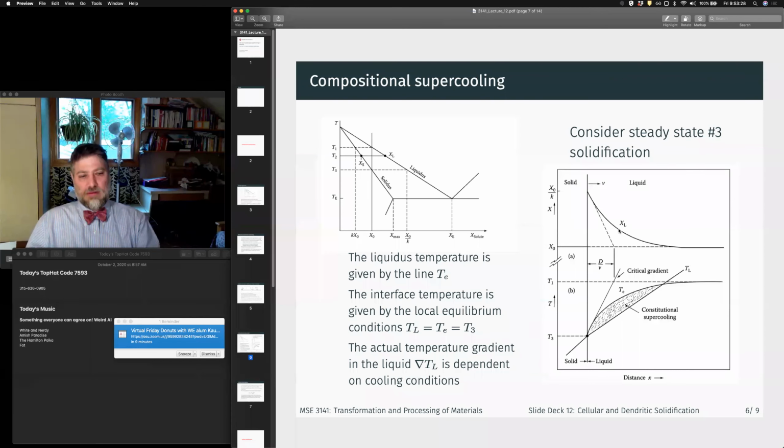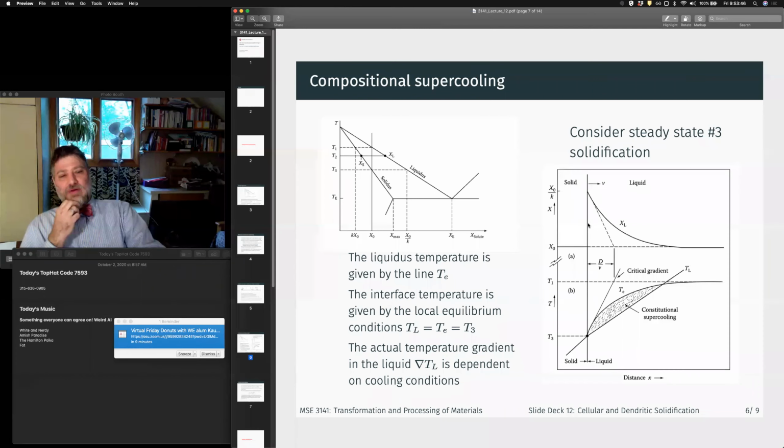I believe there's a greater driving force to solidify closer to the interface. It's the exact opposite. Closer to the interface, we have a lower undercooling than farther away from the interface.